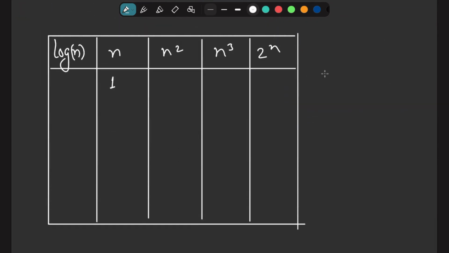We'll see this here. As n is 1, n square will be 1, n cube will be 1, 2 power n will be 2, and log n will be 0 if it's log base 2. Let's take n equal to 2: n square will be 4, n cube will be 8, and 2 power n will be 4.